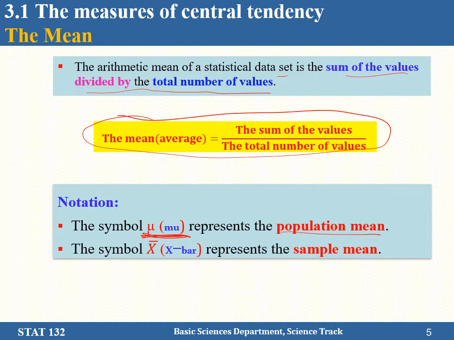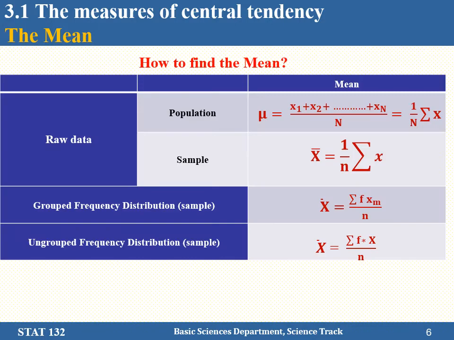And then for the sample, if you are dealing with a sample mean, that means you're calculating the average of a variable coming from the sample, so you can use X bar. I mean, the formula is the same.